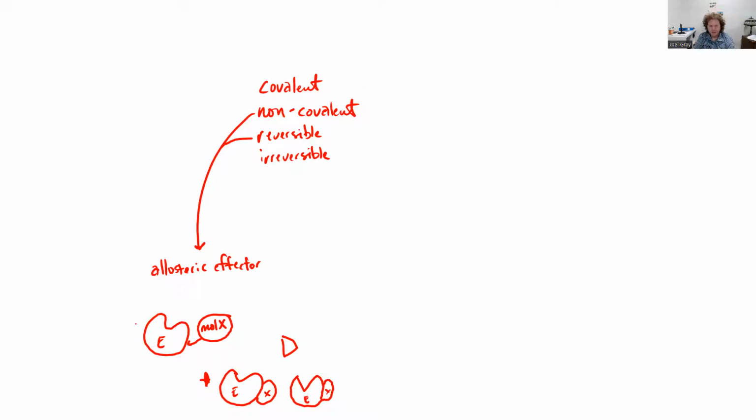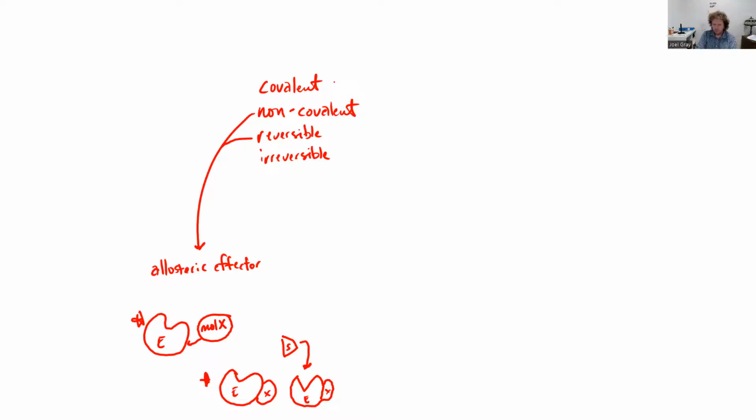Well, E, from its initial state, where, just for the illustration, it had a rounded opening, when X bound to it, now all of a sudden it has a very great binding site for its natural substrate, S. Okay, so an allosteric effector is going to change the shape of the protein, generally through non-covalent interactions like ionic or hydrophobic interactions.